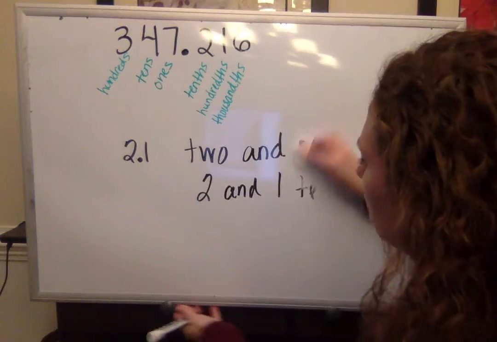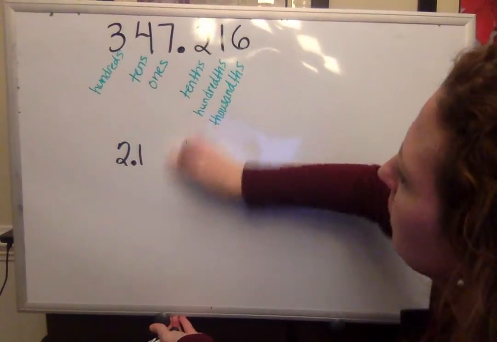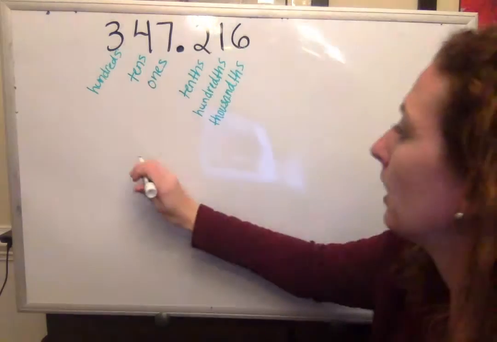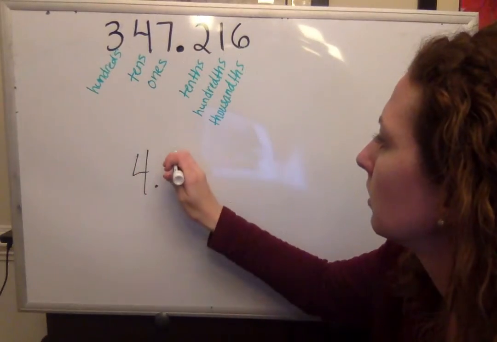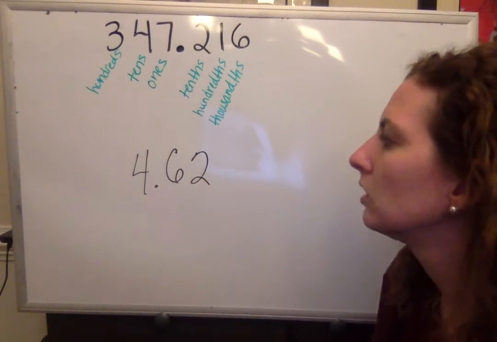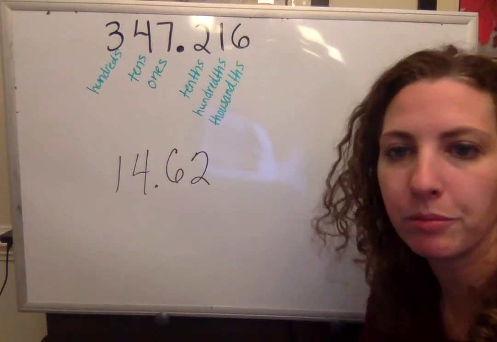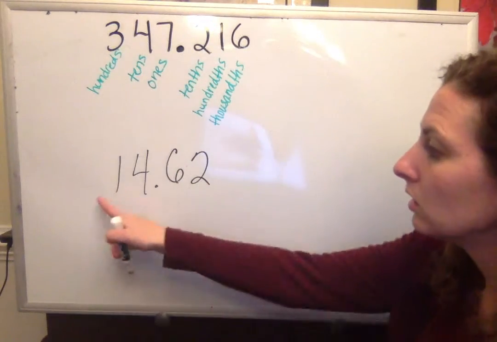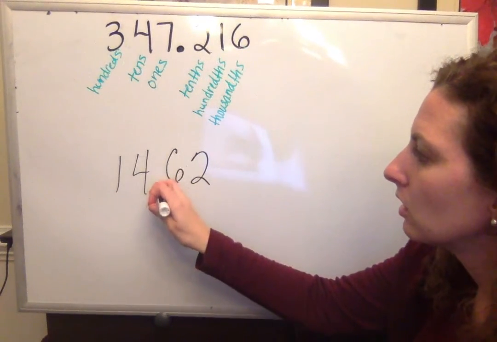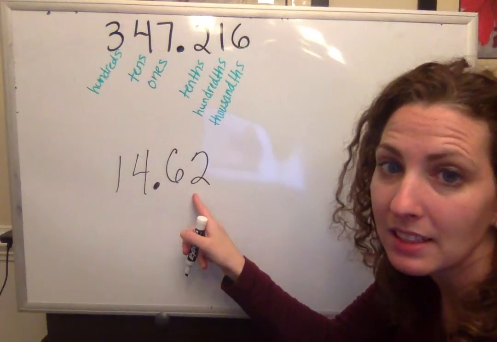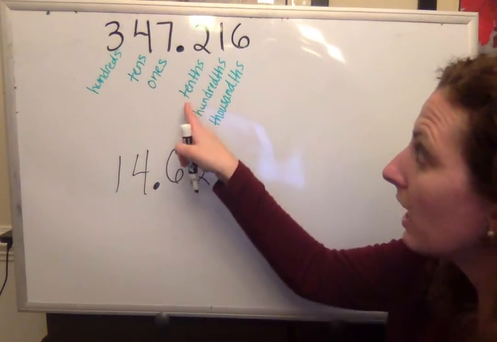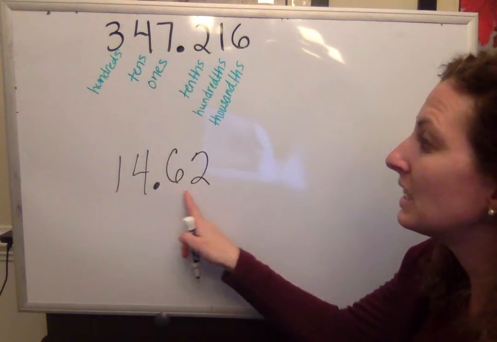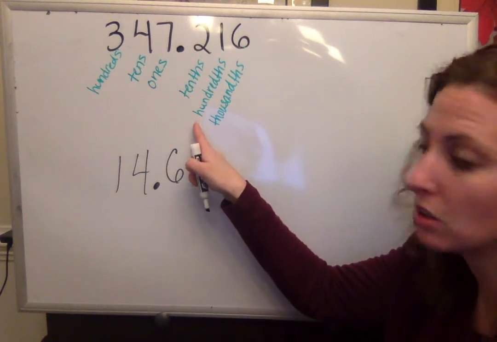Now let's say that I had another number. Oh gosh, my makeshift board here is going to fall over. Okay. So let's say I had a number that looked like this. Let's actually throw another number in there. So if I was to say this in words, it would be 14 and 62 what? It's not 62 tenths because I've got two numbers behind the decimal. So that would bring me to 62 hundredths, okay?